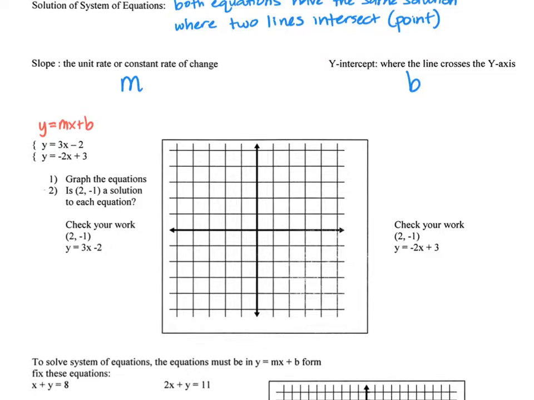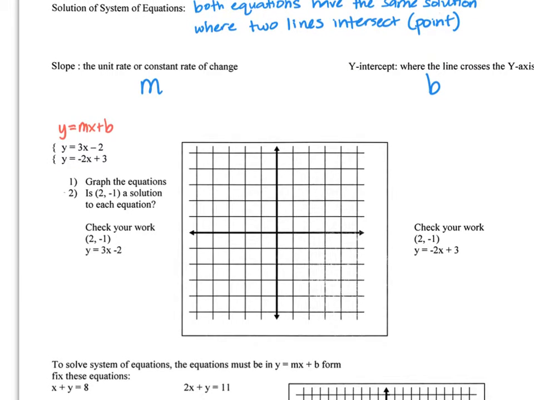So y equals 3x minus 2. You see that our m is 3 in the first equation, and our b is negative 2.